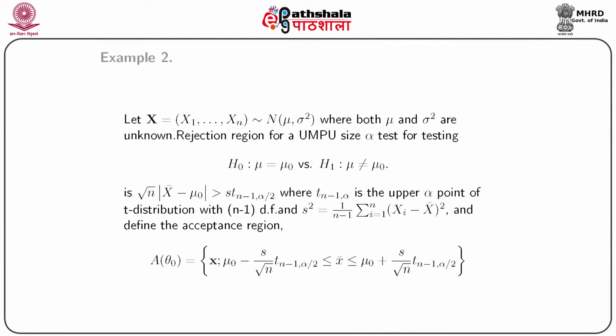And therefore we define the acceptance region capital A theta naught equals the set of all x such that mu naught minus s by root n into t(n minus 1, alpha by 2) is less than or equal to x bar, which is less than or equal to mu naught plus s by root n into t(n minus 1, alpha by 2).